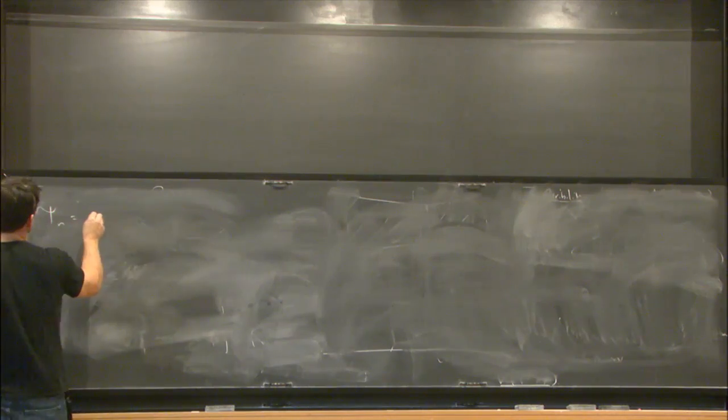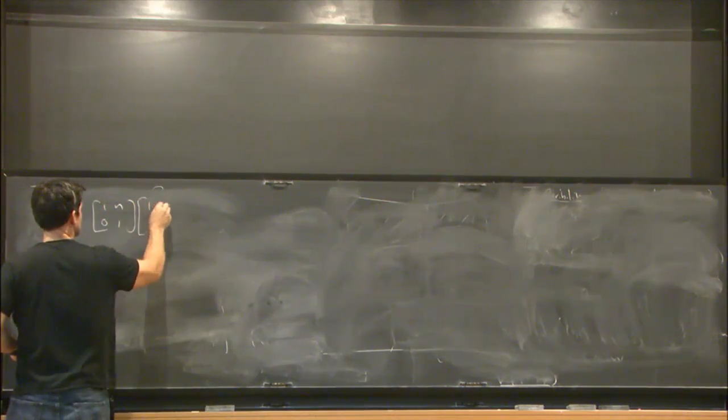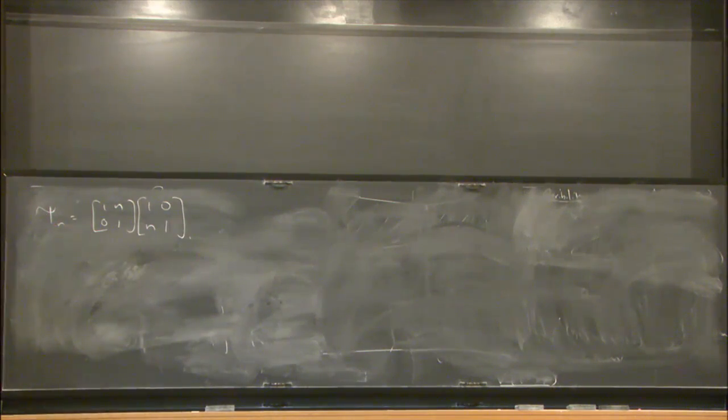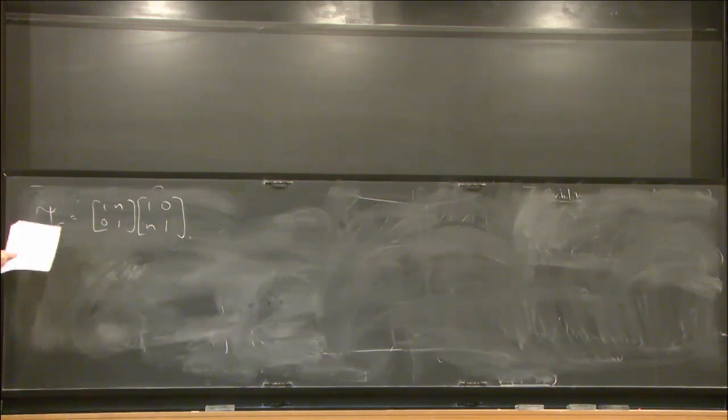So if we take psi_n to be the matrix (1 n; 0 1)(1 0; n 1), what does that do? You twist n times about alpha, and then twist minus n times about beta, where you have a longitude-meridian pair. The volumes of the mapping tori stay bounded. What does the axis do?